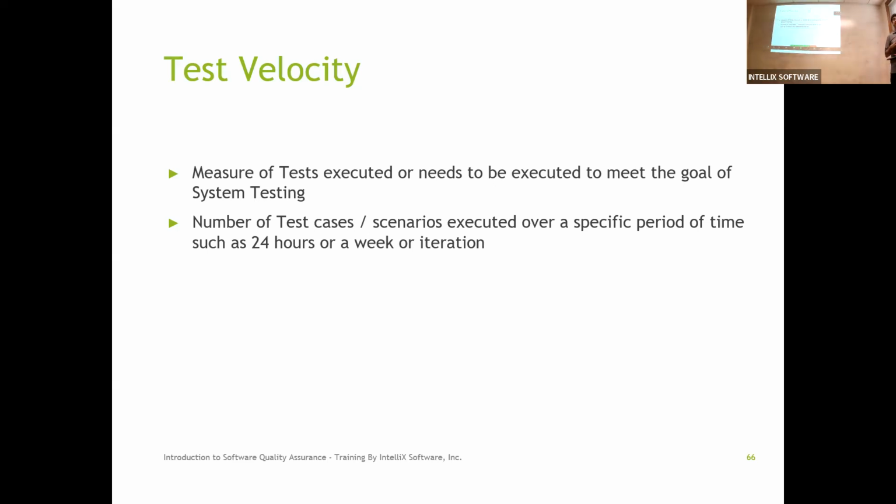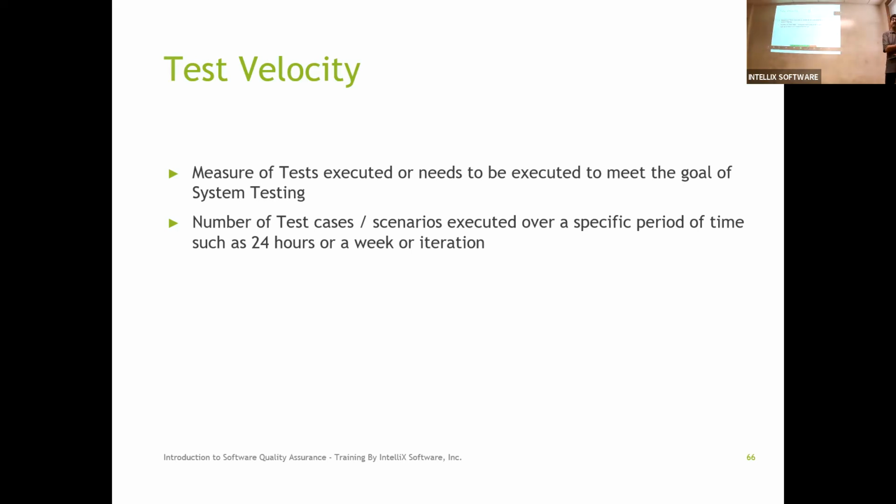Let's say you have overall 500 test cases to be written for a system, and you're writing only 2 test cases a day. That's 250 days that you need. But if your schedule calls for only 30 days to write all of the test cases, that gives you a view that if I go at this velocity, I'll not be able to meet it.